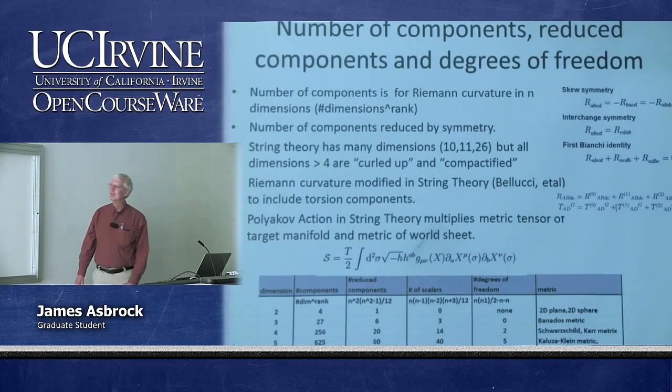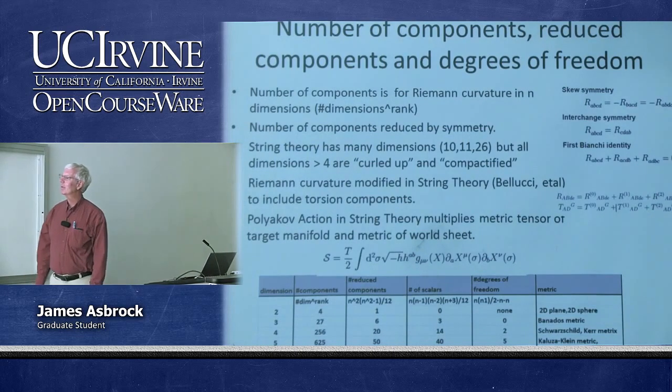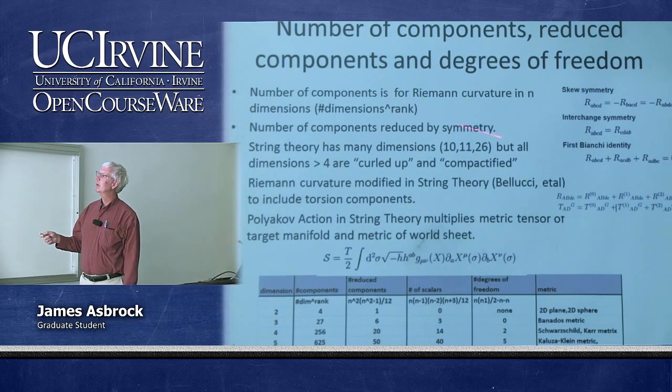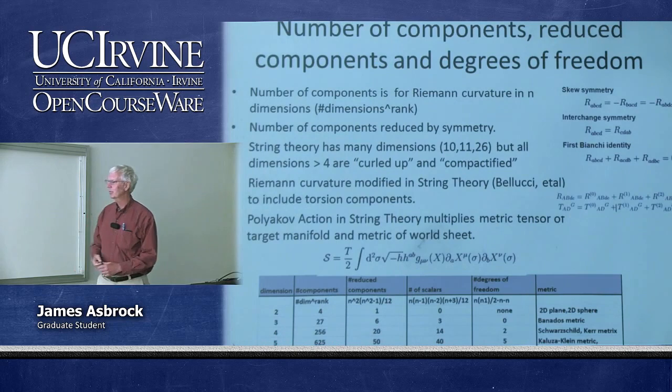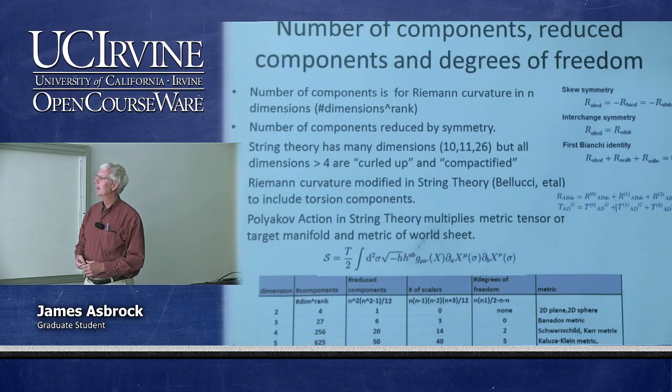So some of this we went over before, and probably I won't, but the number of components as you go up in dimensions gets to be very large, and really the only ones I've seen are up to n equals 5, and that's the Kaluza-Klein metric, and I think someone's going to give a talk on that, so I'm not going to go over that.